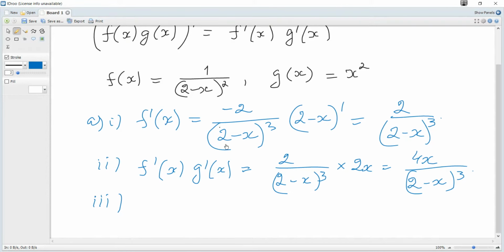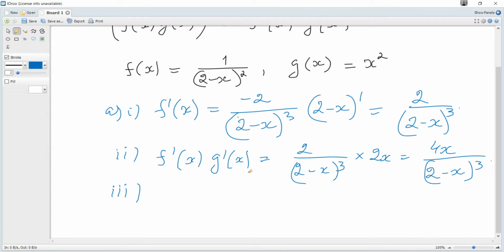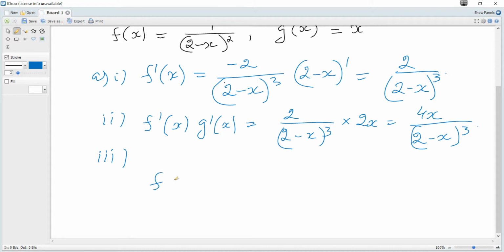The next part shows that f g' plus g f' is 4x over (2 minus x) cubed. So let's consider just f multiplied by g' plus g of x f'(x).